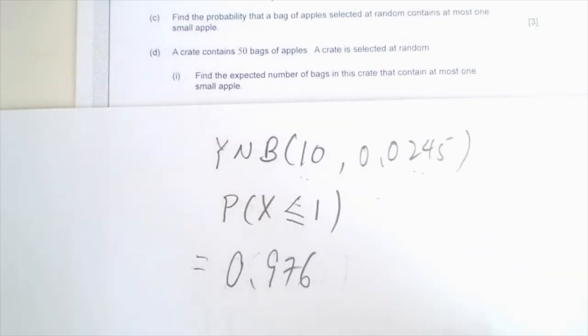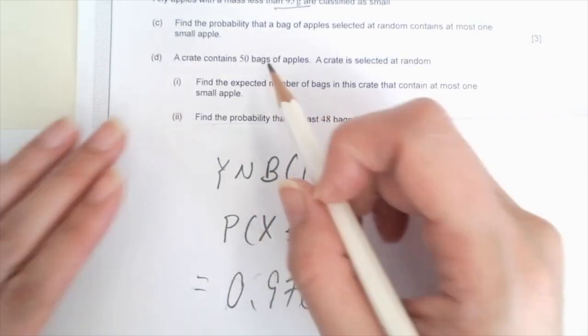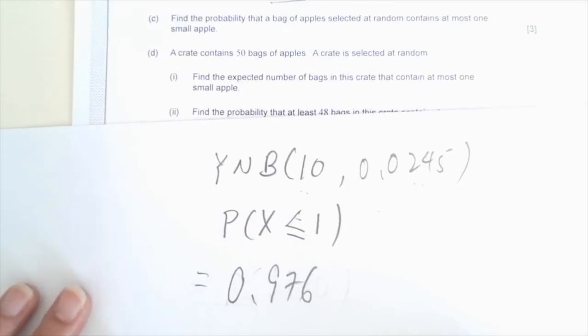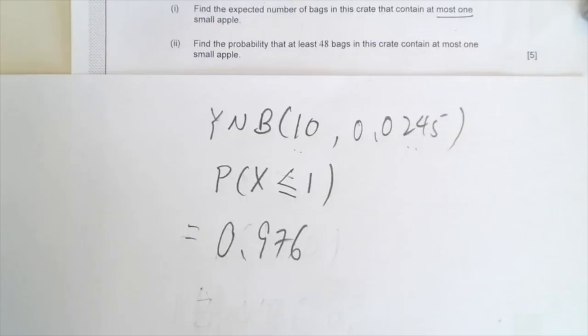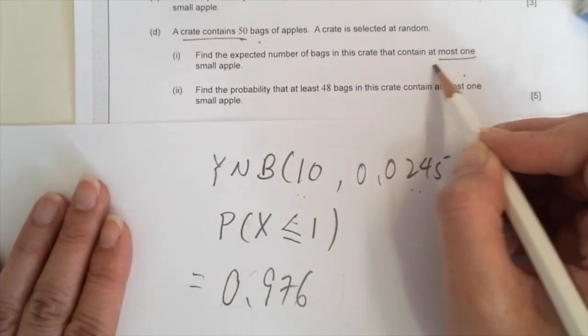All right. Now moving on, we now have 50 bags of apples in a crate, and we take at most 1 apple. So it's a small apple. Now it's getting annoying with that. We need to get through those. All right, getting into the expected value, the crate needs 50 bags of it at most 1.